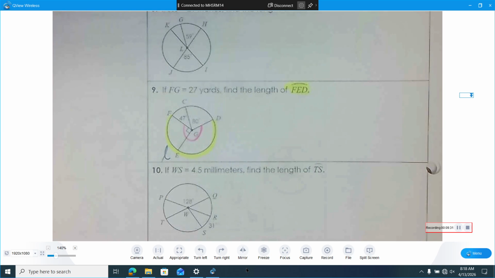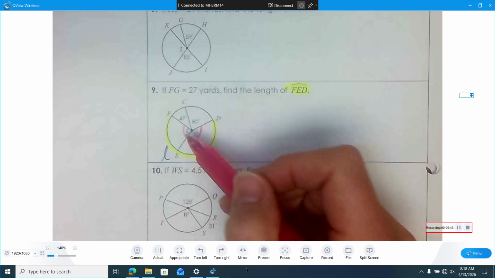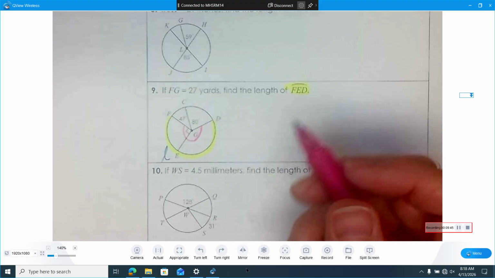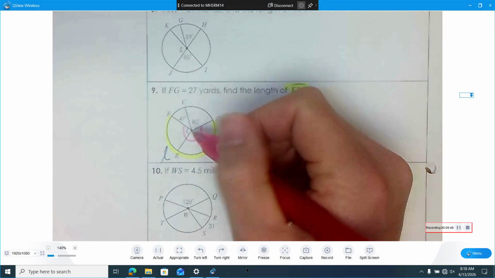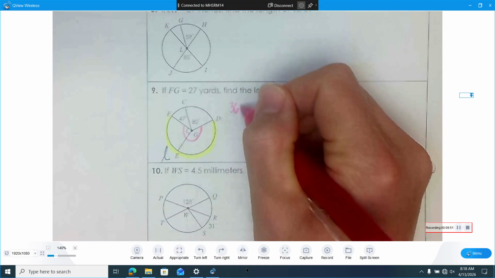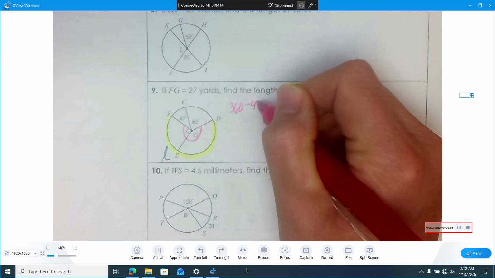Well, how can we figure out that whole angle? Oh, wait, that one's 90. Yeah, that one is 90. So yes, we can subtract them all from 360. That would give me the G part. I think what I'm going to do is 360, minus 47 minus the 80.